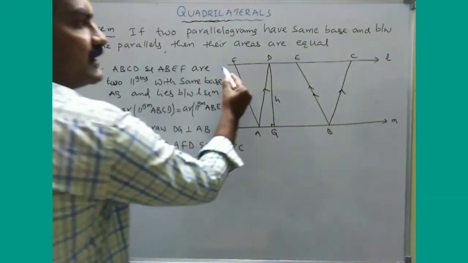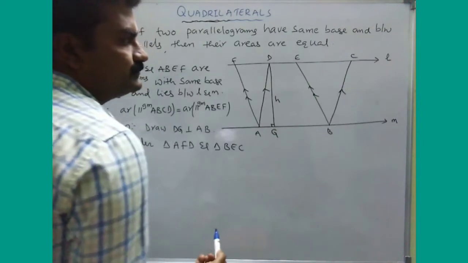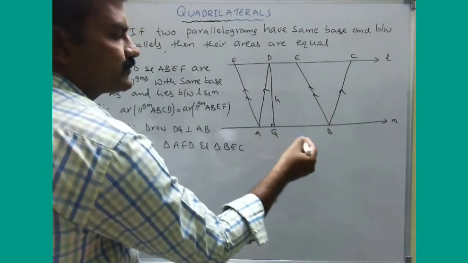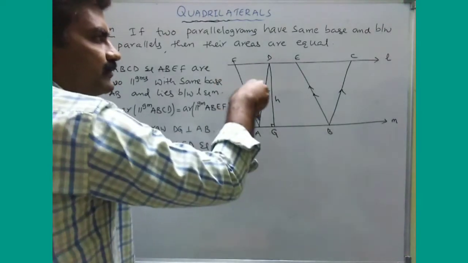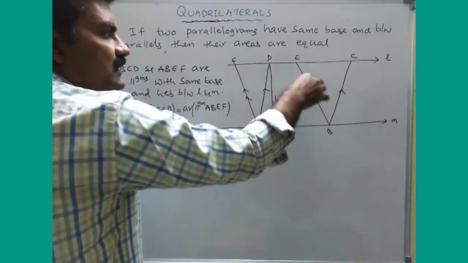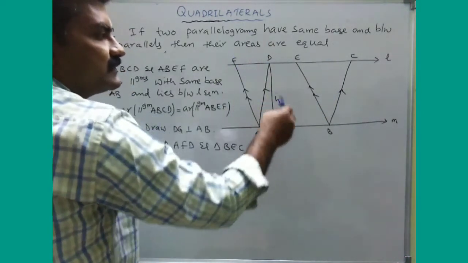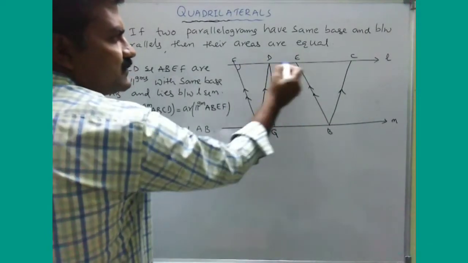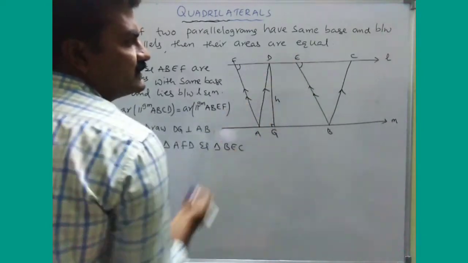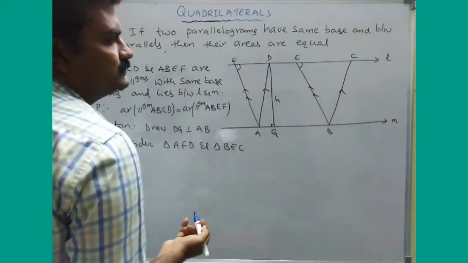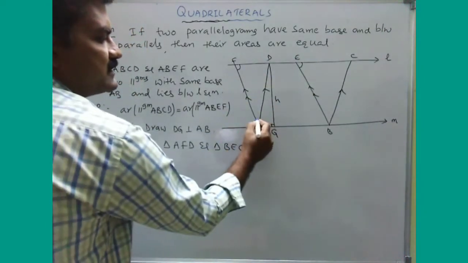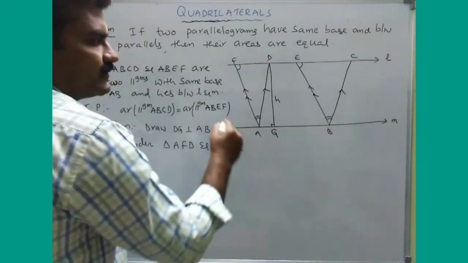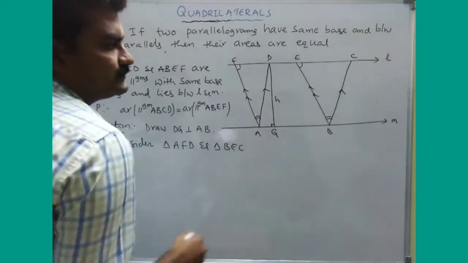See, since L and M are parallel lines, AF as well as BE are treated as transversal lines. And this angle is equal to this angle, as well as this angle equals this, because of the transversal.